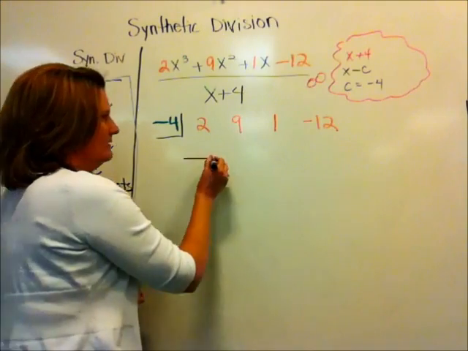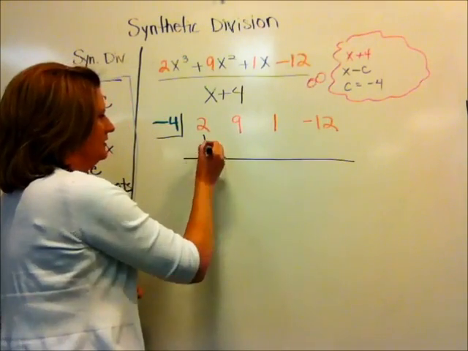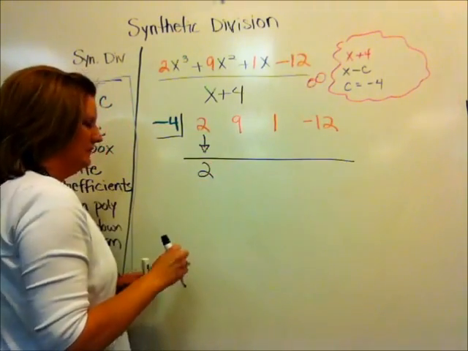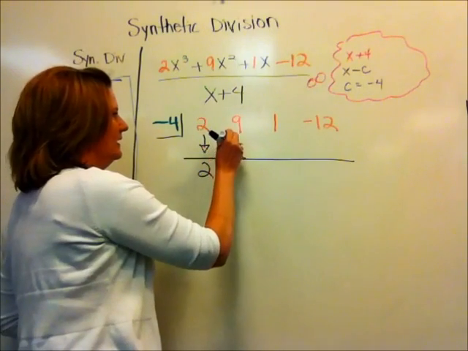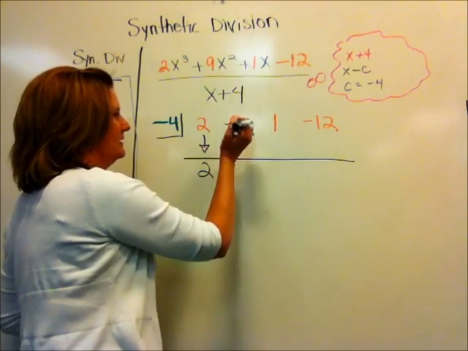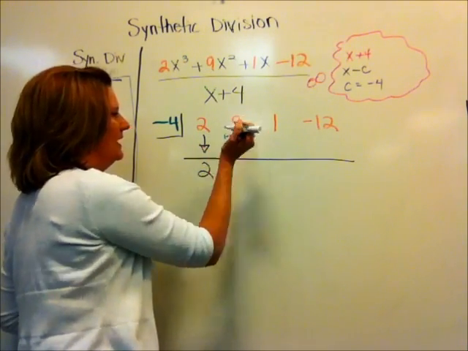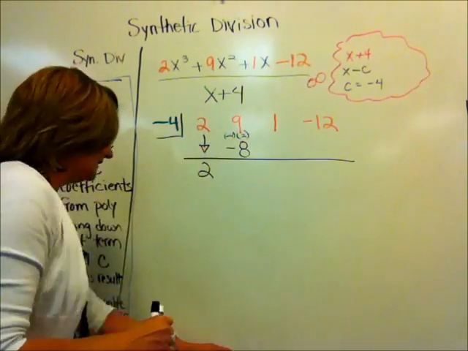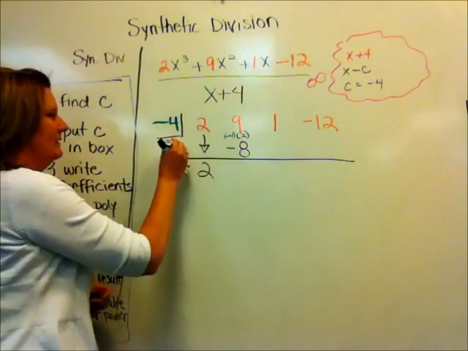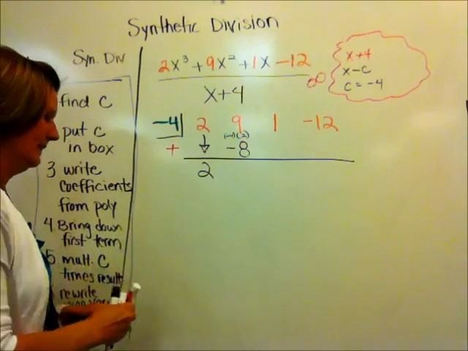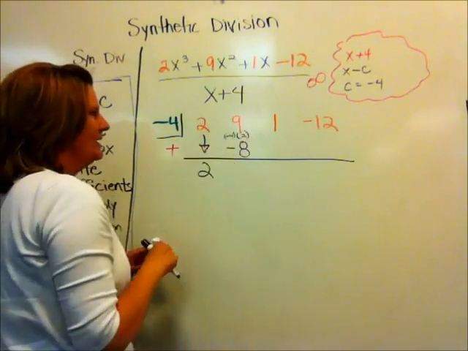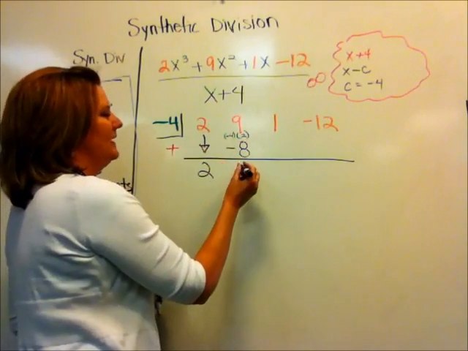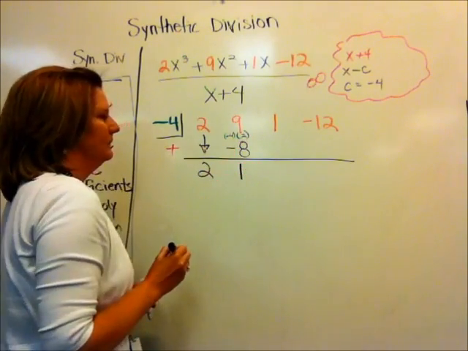I'm going to bring down my first term. It's a 2. So now what I have is negative 4 times 2. And negative 4 times 2 is negative 8. And remember that I'm adding down, so I'm just going to add. When I add down, what I get is 9 plus negative 8, or 1.